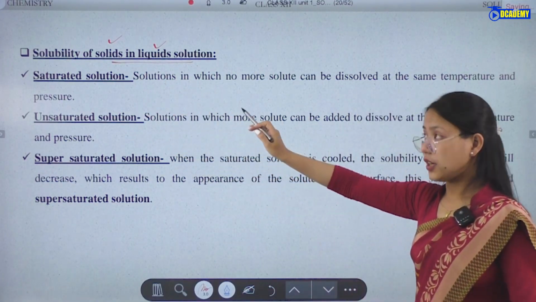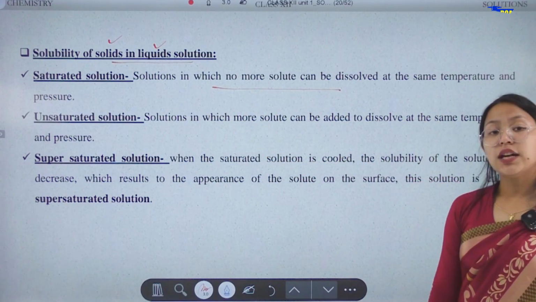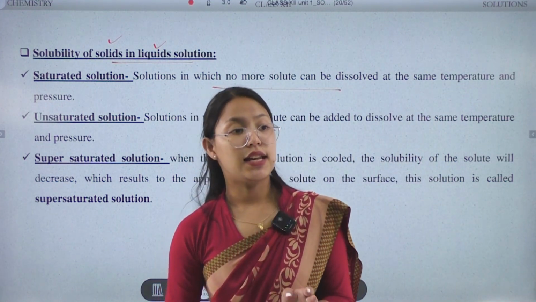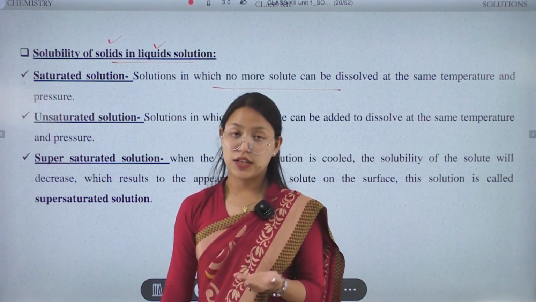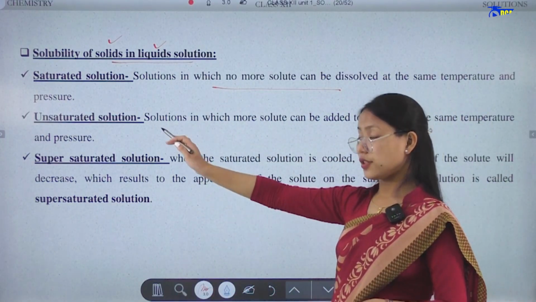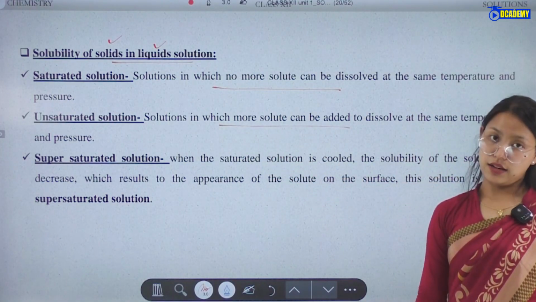So saturated solution is a type of solution in which no more solid can be dissolved. No more solid can be dissolved in this condition, then it is a saturated solution. And in the case of non-saturated or unsaturated solutions, more solid can be added.